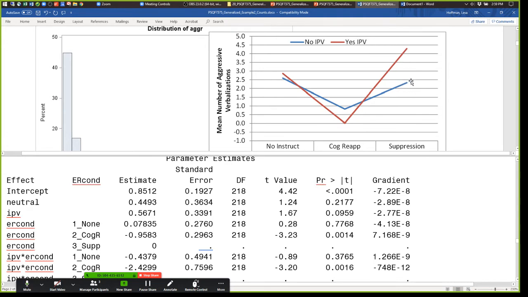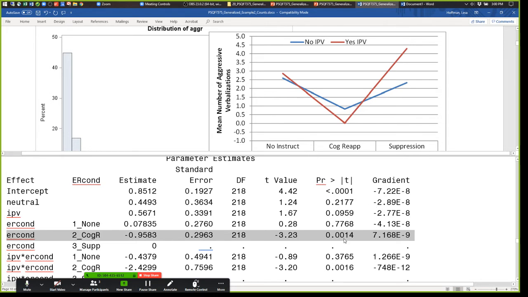Relative to this kind of person, I am tracing along the blue line. So relative to the suppression condition, people assigned to the condition number 2, cognitive reappraisal, are lower. Slope is negative going this way here.